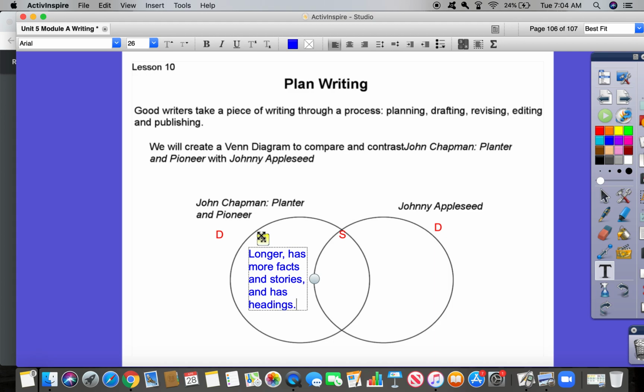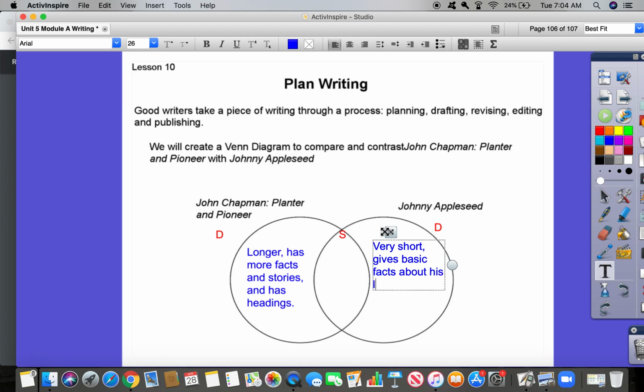Okay, so these are the characteristics that are unique to John Chapman, planter and pioneer. Now I'm going to go ahead and skip over to the other side. Now Johnny Appleseed, with this story, what's different about this story is that it's very short, gives basic facts about his life, and it also has a timeline, so that's a different text feature.